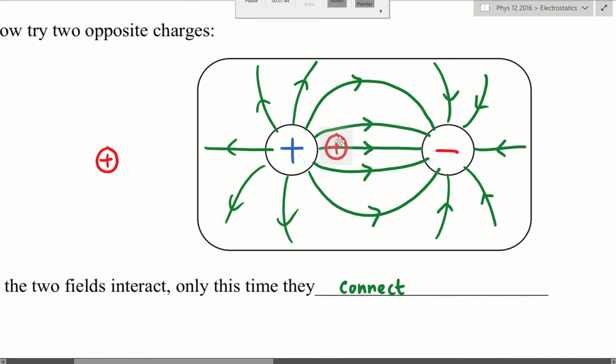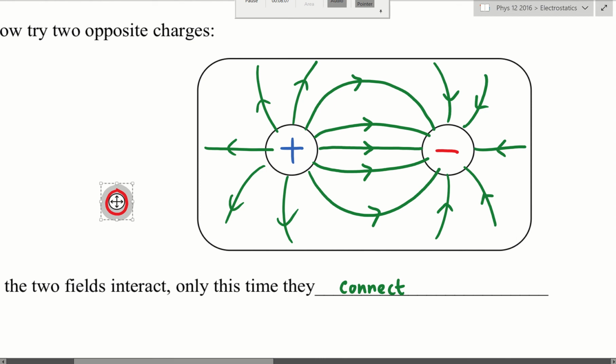What happens to a positive charge if you put it right here? It will go to the right-hand side. Why? Because it's repelled by the one on the left, which is positive, and it's attracted by the one on the right. So together it pulls it to the right-hand side. If you put it right here, it will first be repelled by the positive charge, so it will go up a little bit, and then once in the middle, it starts to feel the attraction force from the negative charge, so it goes like that, right?